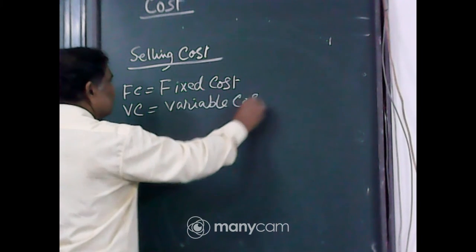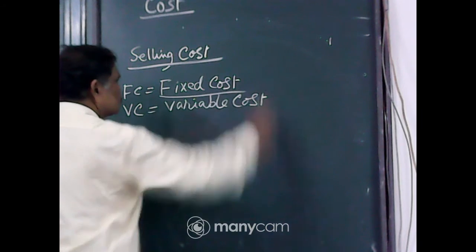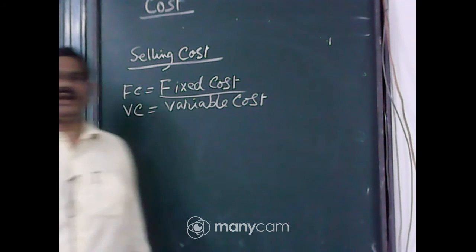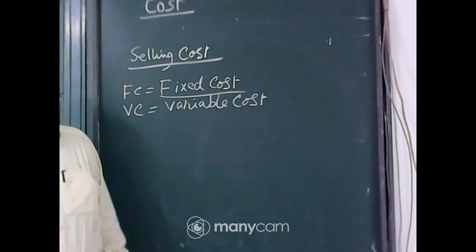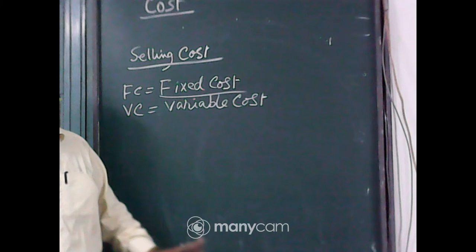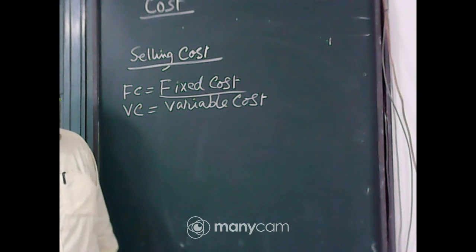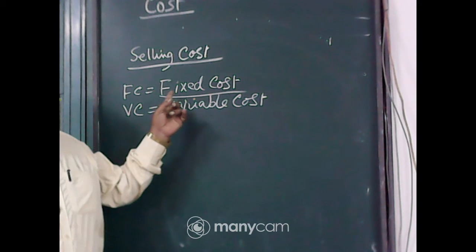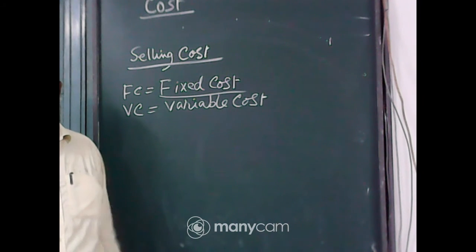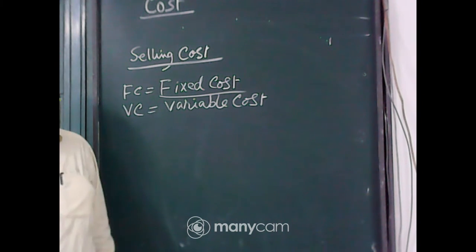Fixed cost is that cost which cannot be increased in a short period of time. It is fixed. In a short period of time, the cost which cannot be increased is called fixed cost, and fixed cost is the prime cost, the essential cost of production.